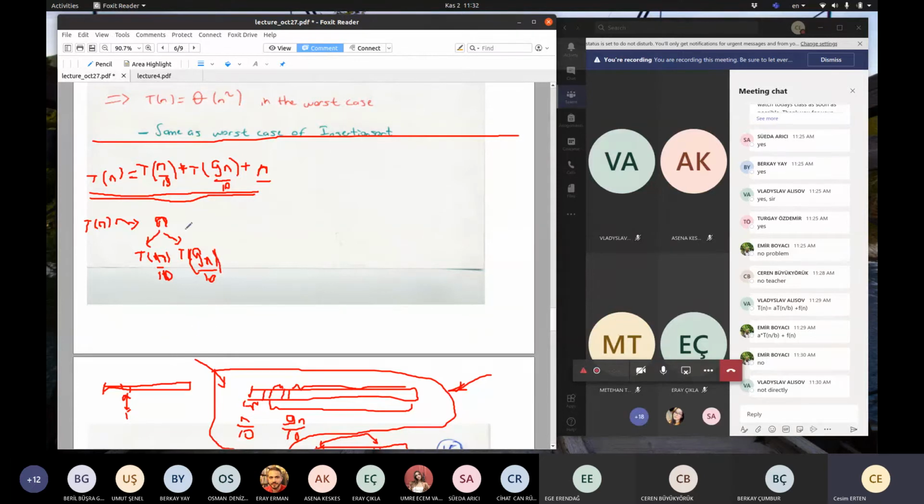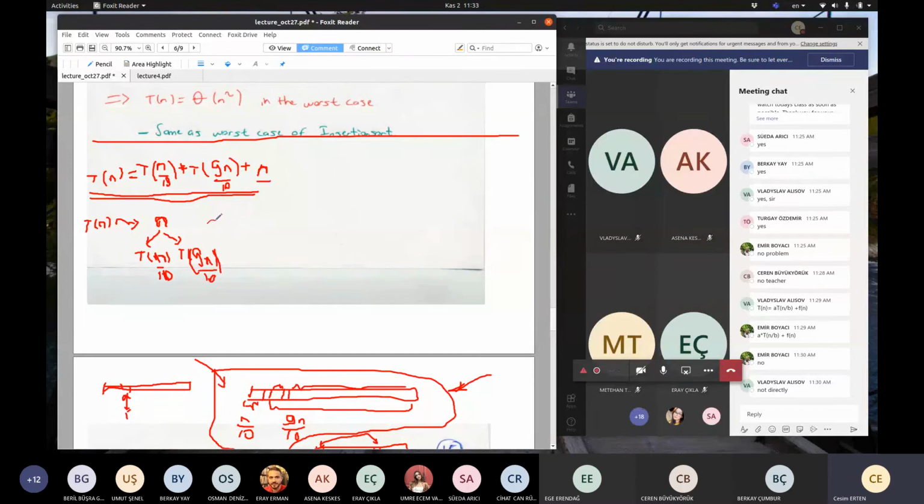If we look at this small tree consisting of 3 nodes, n at the root, T of n divided by 10, and T of 9n divided by 10, summing up all these 3 terms should give us T of n, because that's how our T of n is defined.